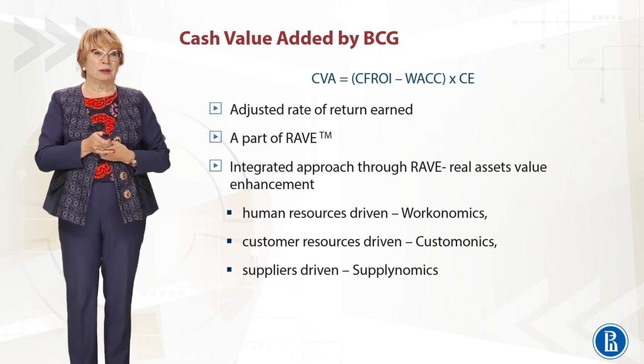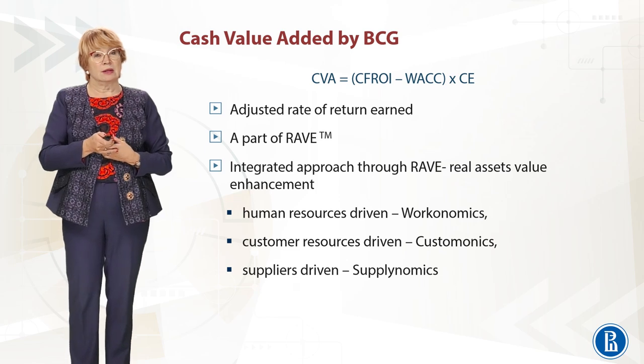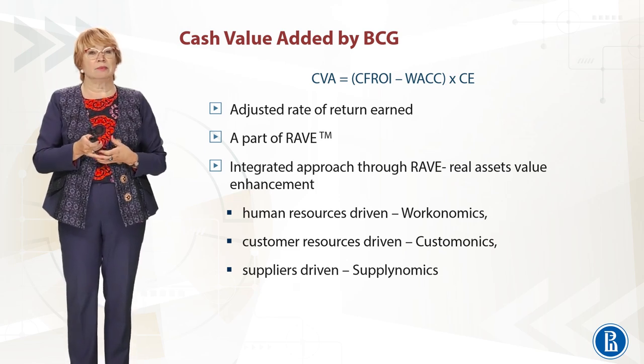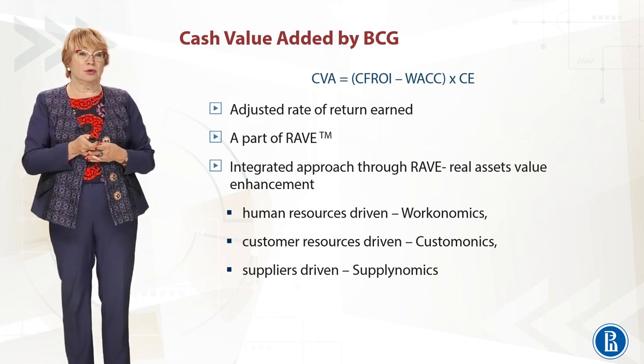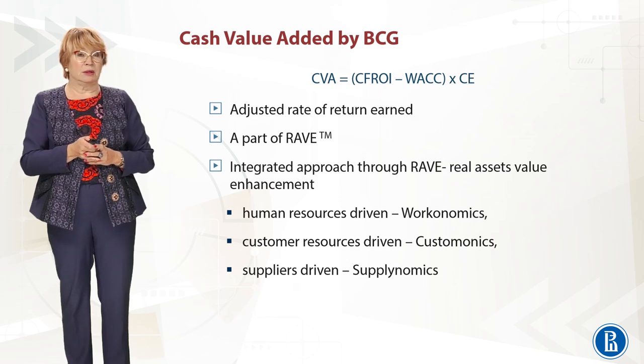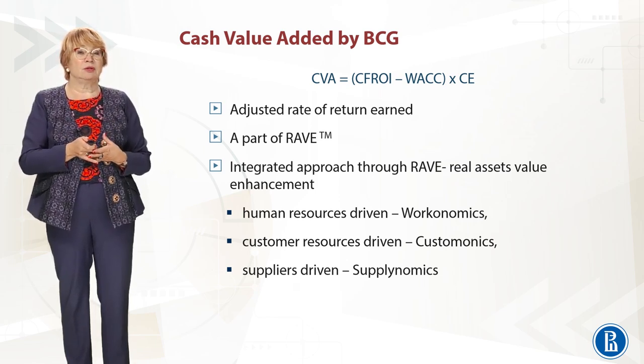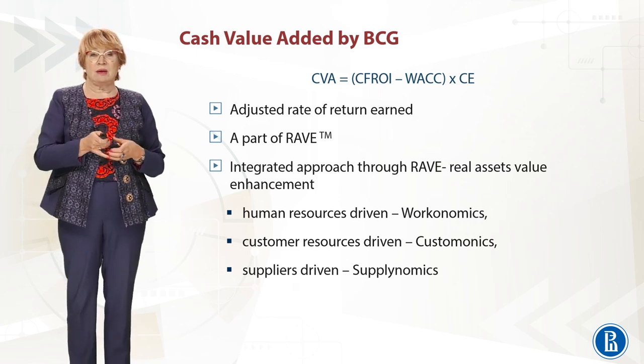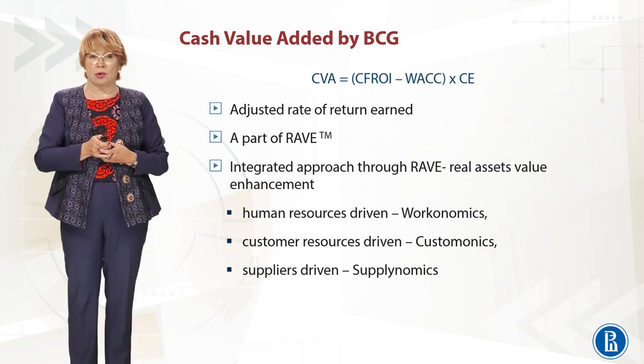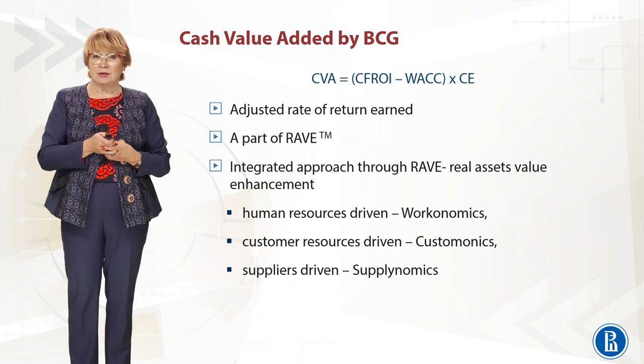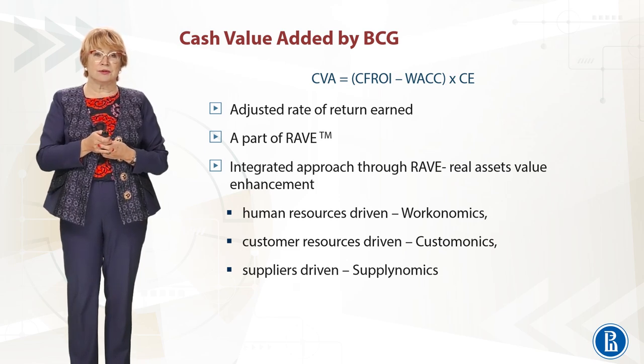And in the first part, we already introduced some details on how we compute CFROI and how we should prepare the data for these particular types of calculations. So we can keep in mind that the same adjustments, or almost the same approach to compute CFROI, is applicable for CVA calculations.